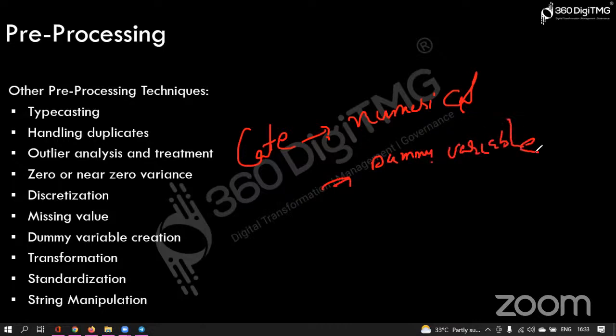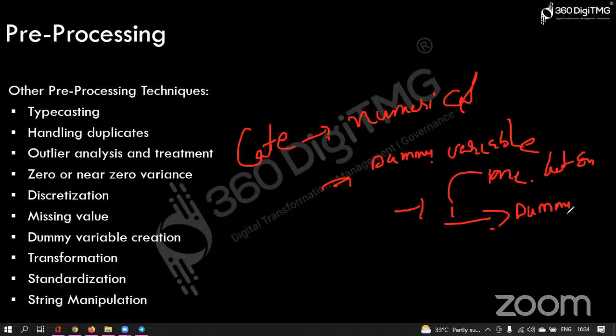In dummy variables, we'll be having one-hot encoding, dummy variable creation with get dummies, and then label encoding, and then ordinal encoding.